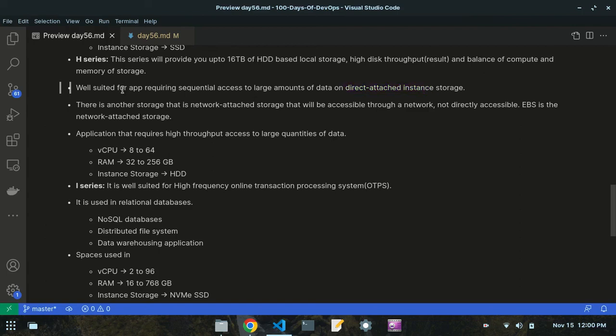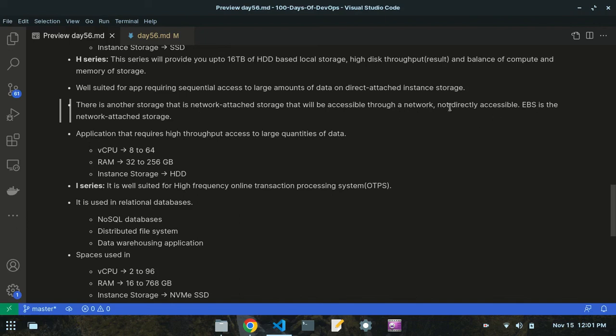Alright, so it is well suited for apps requiring sequential access to large amounts of data. If you want to access a large amount of data, it will be possible sequentially with the help of direct attached instance storage. There is another storage called network attached storage that is accessible through a network and not directly.